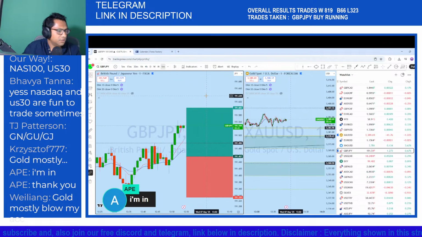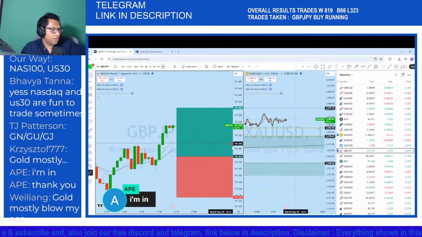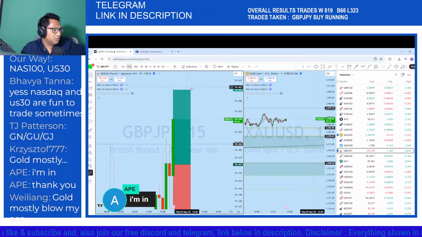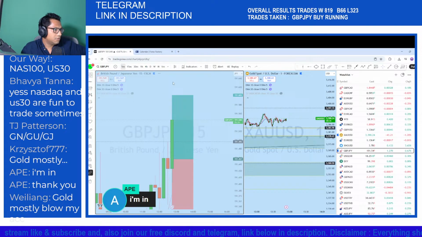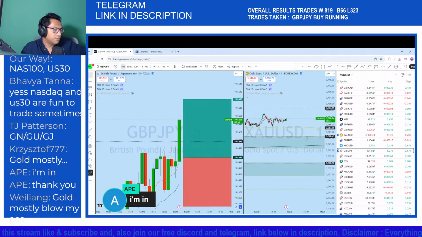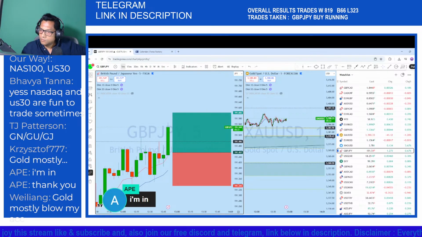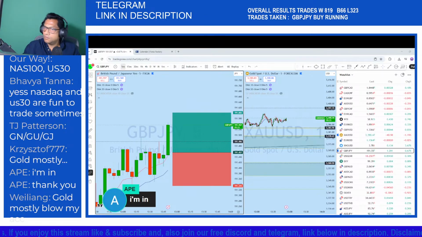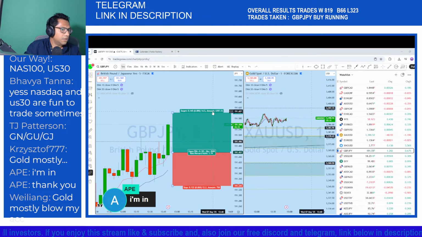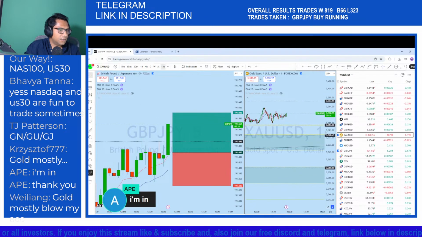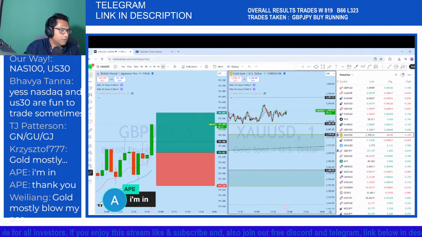Okay, so we are on that. I would like to hold it for one more bounce, linearly to hitting that target. GBP JPY.